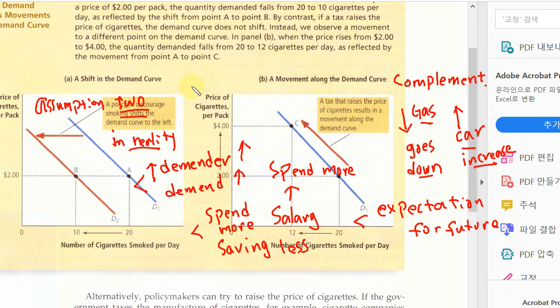This is the same concept adapted to the supply phenomenon. If you understand the former, you will get this easily. Don't be worried about that. It's very easy.